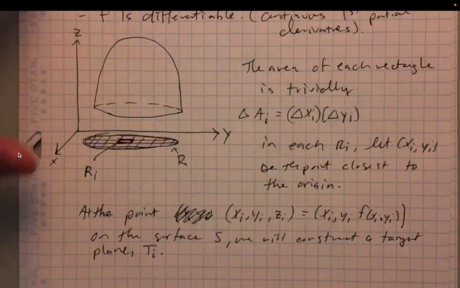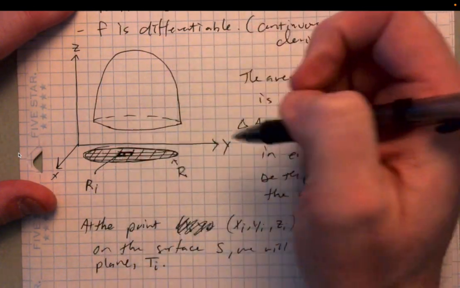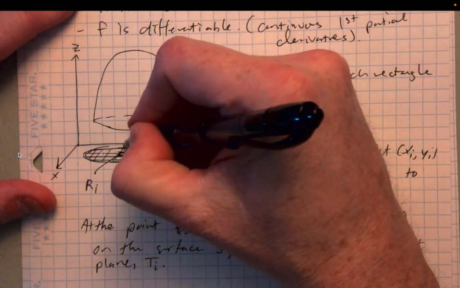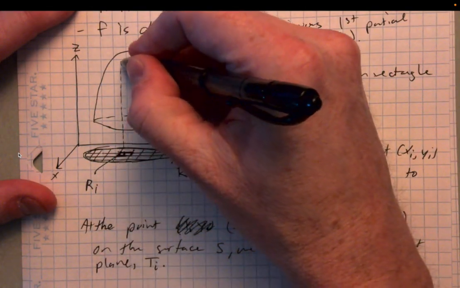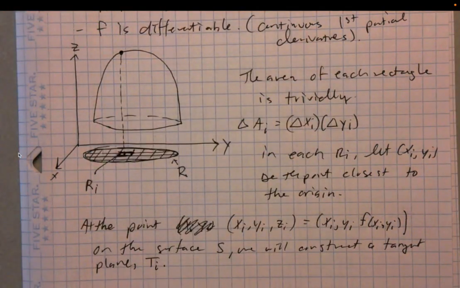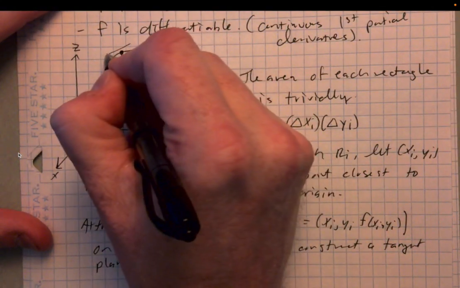So what are we talking about here? Let's come back into our drawing. I've got some point in R_i, and if I think about where that point goes up to the surface, it's going to be right here, we'll say. At that point on the surface, I want to create a tangent plane.